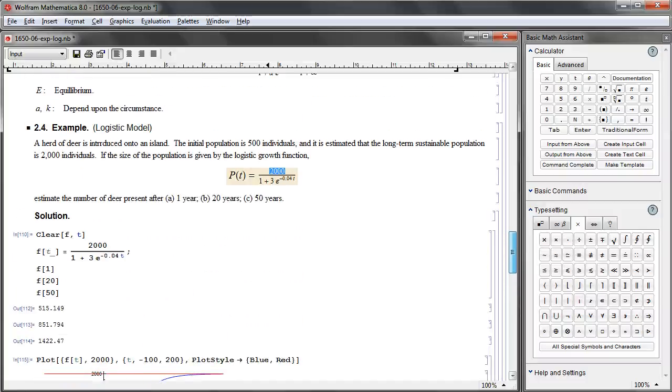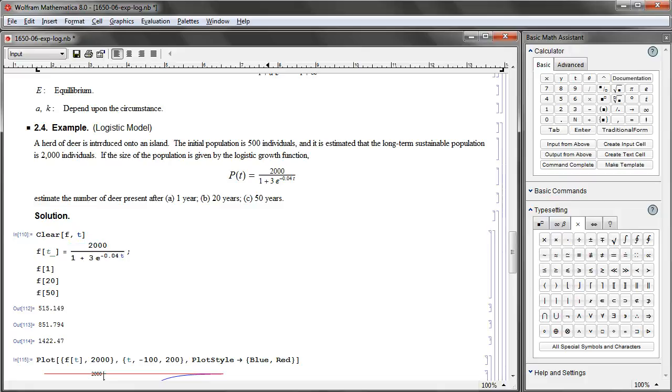And then in this problem, we are beginning with 500 individuals, and then find out or estimate the population 1 year later, 20 years later, and 50 years later. And it's just this model and plugging in t-values 1, 20, and 50 respectively.